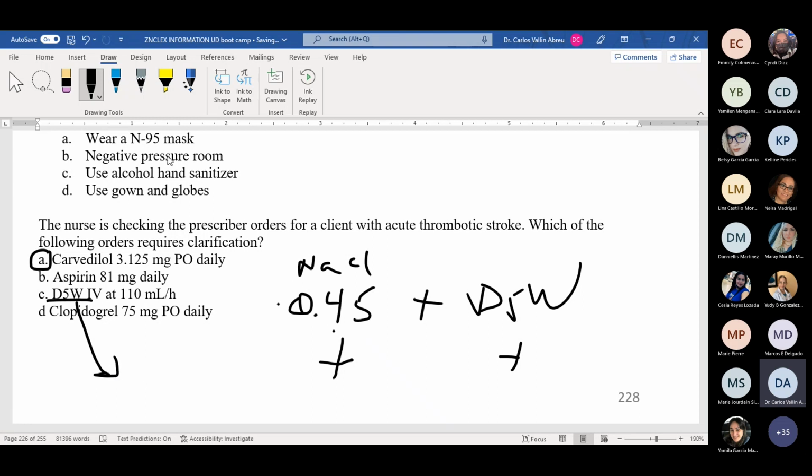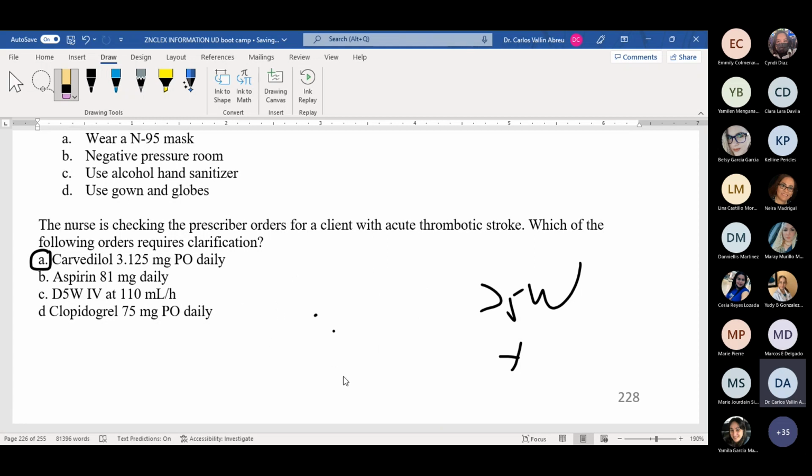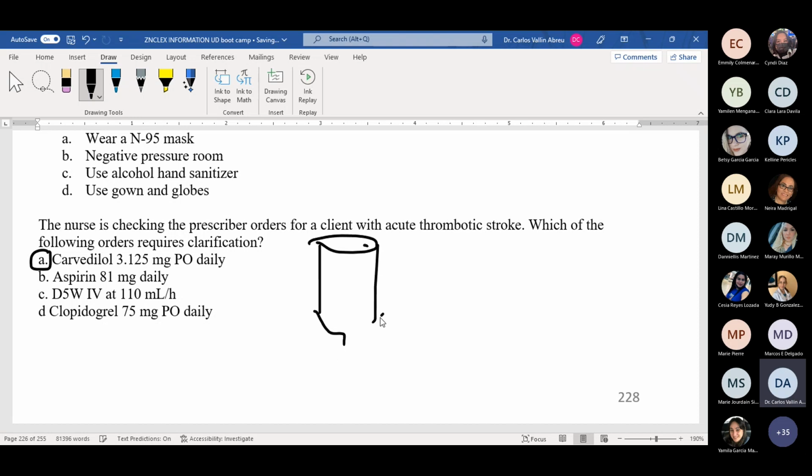It's totally hypotonic. So this patient is receiving a high dose, because 110 milliliters per hour is a high volume of liquid, but totally hypotonic because the D5W is totally hypotonic. Yes, because the D5W in the bag could be considered isotonic in this moment, because it is sugar, glucose, plus water, because dextrose and glucose are the same, and water.